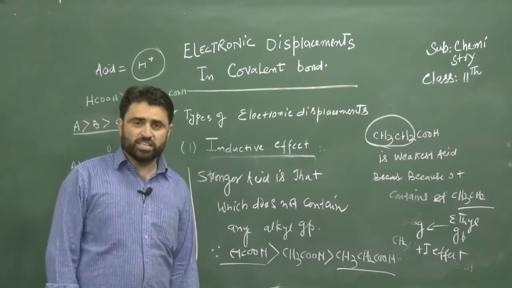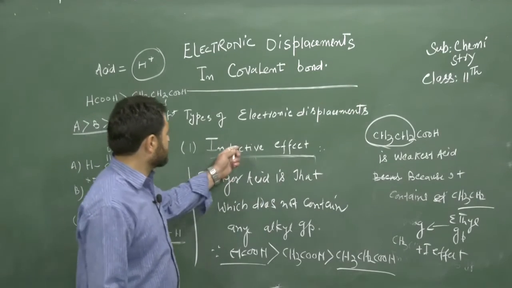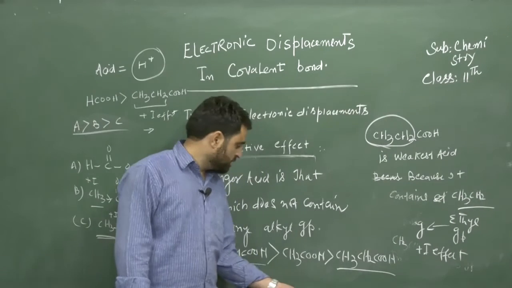So when you have to discuss the relative strength of acidity on the basis of inductive effect, it is like this: the stronger the inductive effect, the weaker the acid.